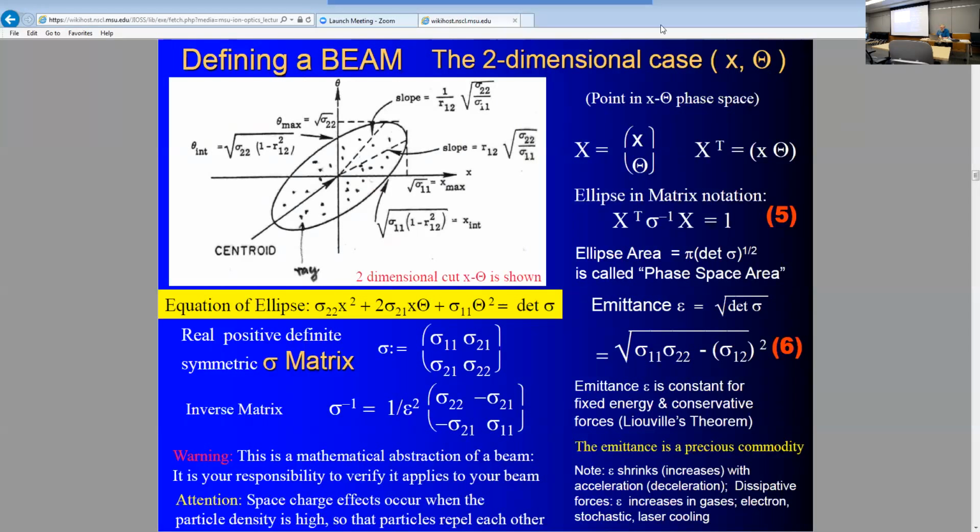If you plot this here at one location, so we are at one location, not two different locations, x and theta, then one ray in this subspace is just one dot. So if you have many rays, they're of course not all on top of each other, cannot be, in particular if they're fermions or charged. You have many rays, and in this plot it would be a scatter plot.